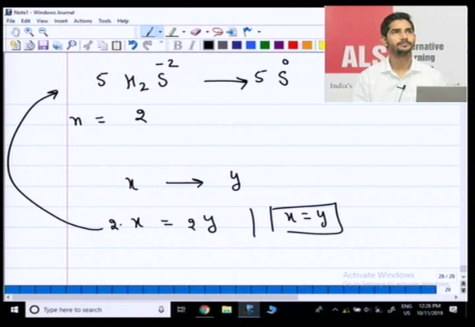Is there any change? Guys, if on the left hand side and the right hand side the number of moles are equal, then the n factor for 1 mole will always be the same.